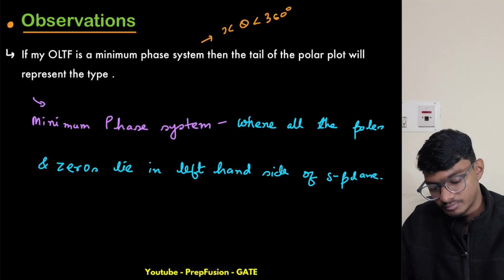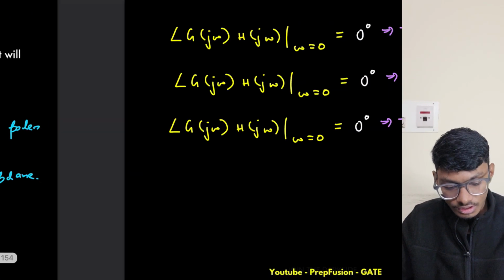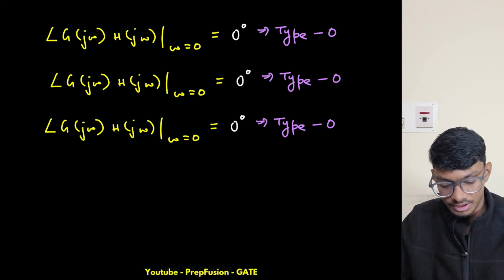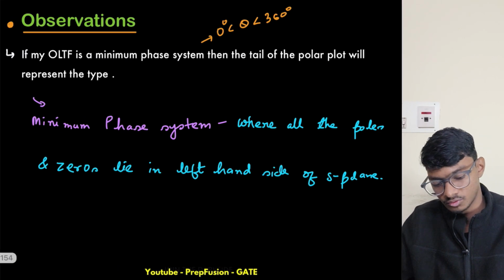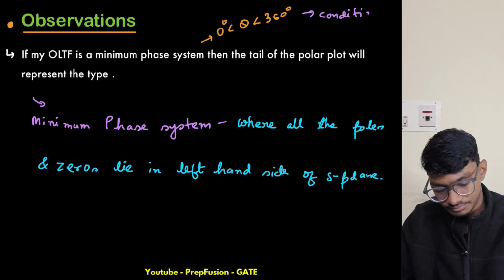Let's say if I have 5 poles at the origin, a type 5 system, even though that won't happen, then my angle will become basically minus 90, but that will say it is a type 1 system. That's why I wrote it with a condition, because you may get confused.